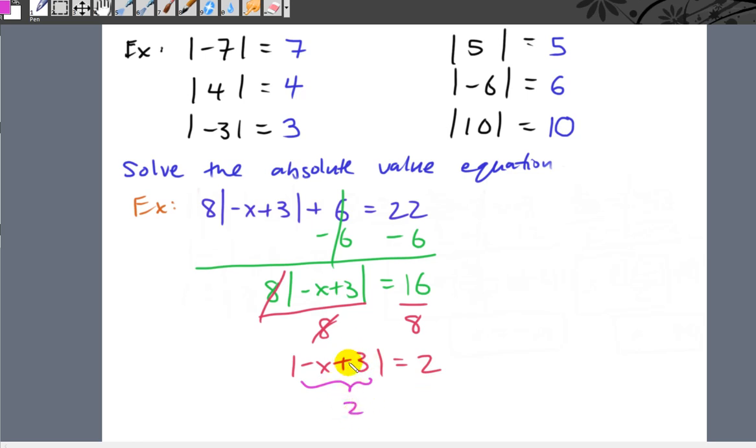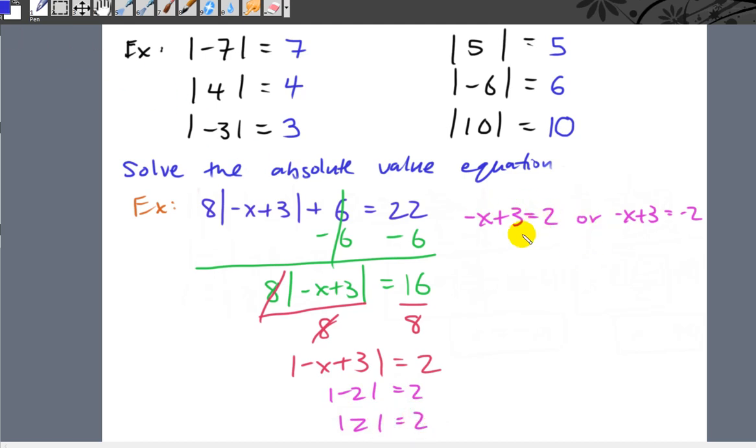Similarly, if the inside is positive 2, we also get a positive 2. So when we write this, we have two possible equations to consider. We have negative x plus 3 equals 2, or negative x plus 3 equals negative 2, because the absolute value of negative 2 is 2, and the absolute value of 2 is 2.